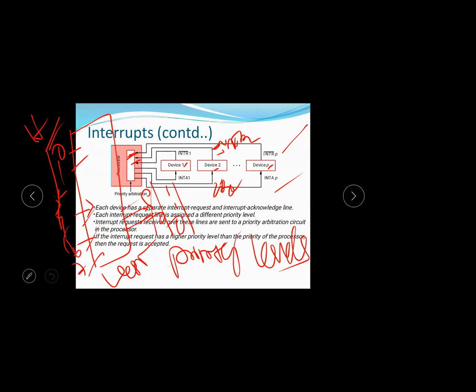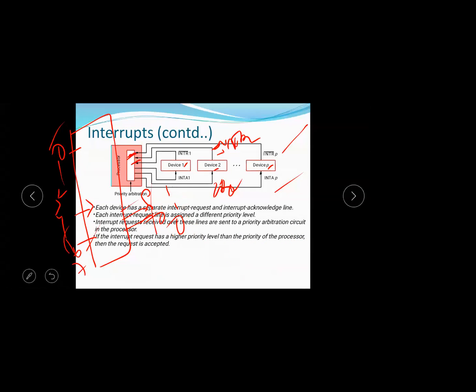Okay, the priority encoder. We give priority levels to the encoder inputs. Like that, the request lines given to the processor inputs have priority levels.